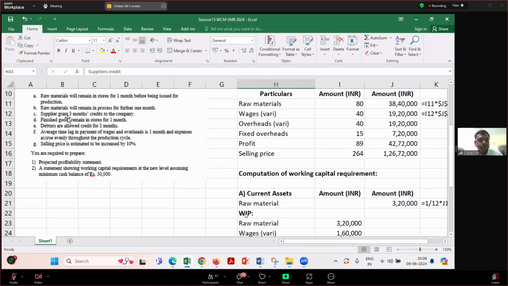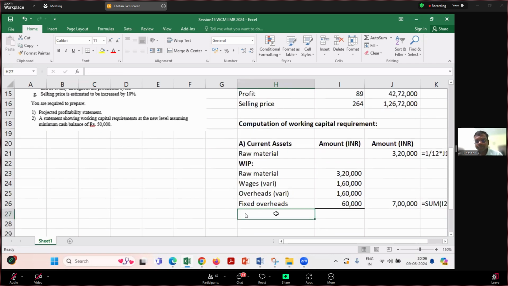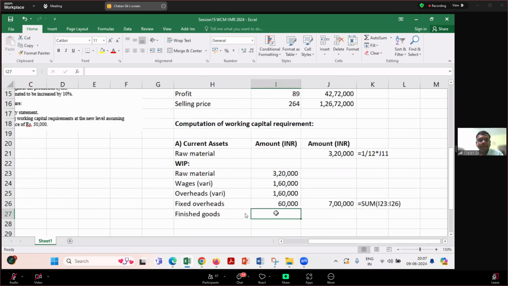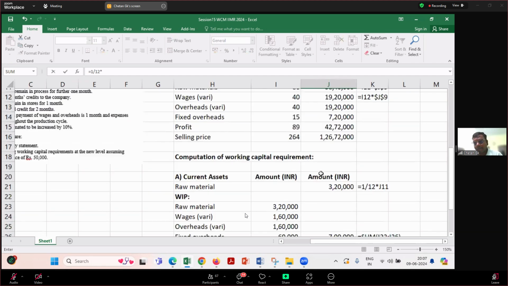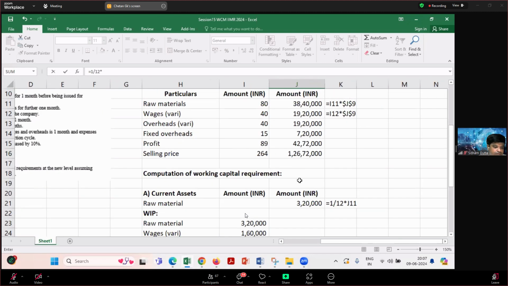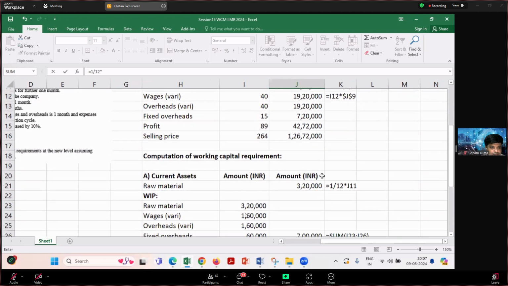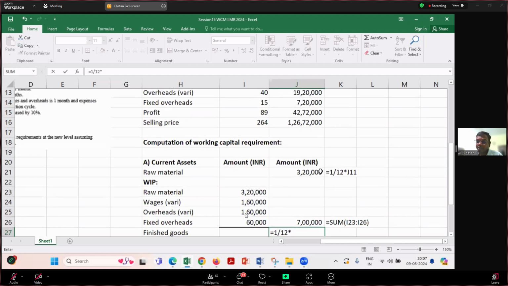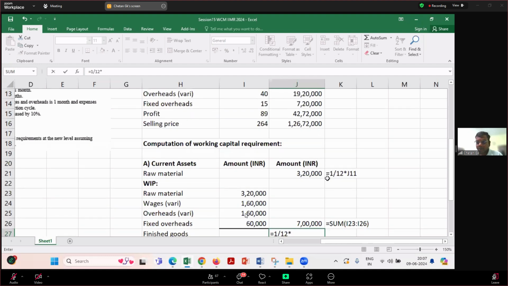Finished goods remain in the store for 1 month. So finished goods are there for 1 divided by 12. But on which item am I supposed to do it? Any idea? Selling price. Normally it is done on the cost price. The finished goods is at cost, not on the selling price.